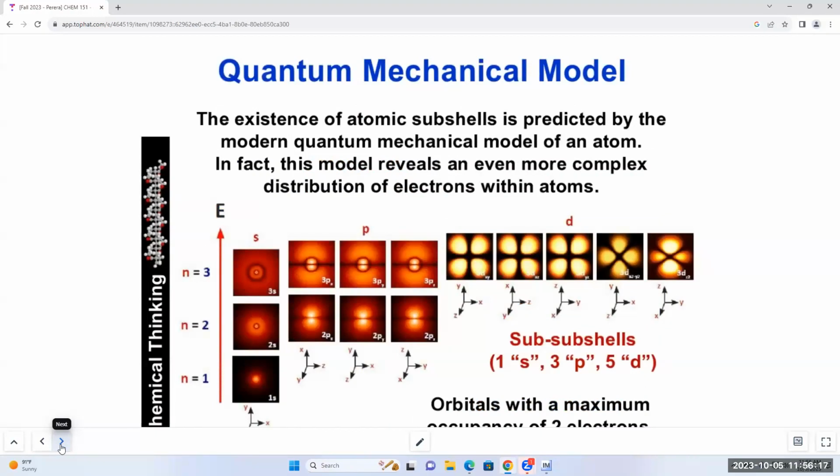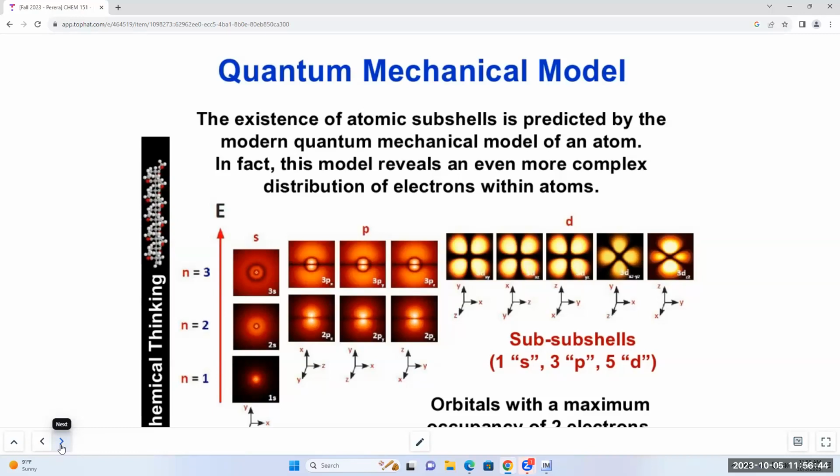The most accepted model now is called the quantum mechanical model. According to the quantum mechanical model, even the subshells divide into sub-subshells. For example, the p subshell can be divided into 3 sub-subshells called px, py, and pz. Those are also known as orbitals.